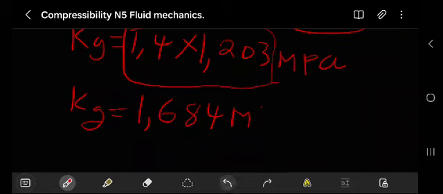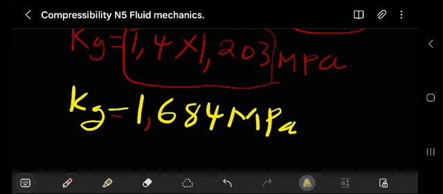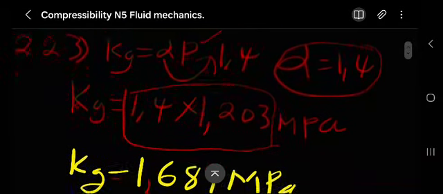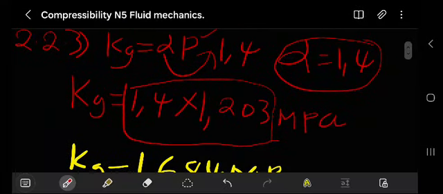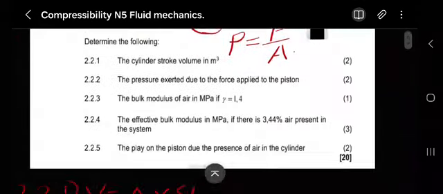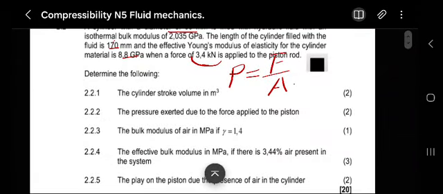Maintain that your SI unit here must be megapascal. So this is your Kg. We are done with this Kg. What do we need to calculate now? We're done with this, that one mark.